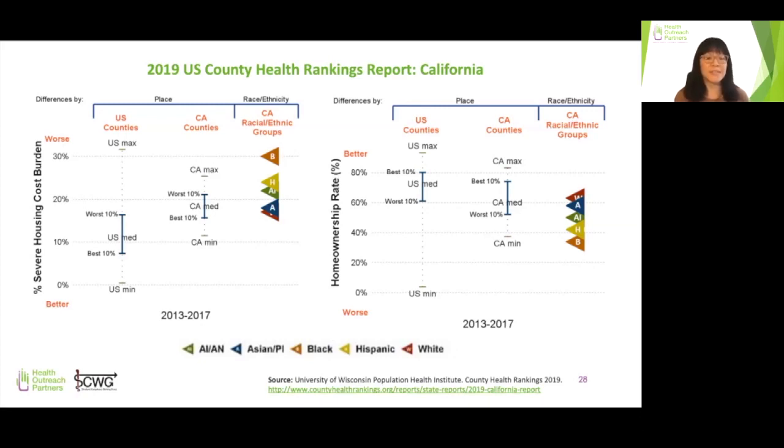They're looking at it by race and ethnicity: American Indian, Alaska Native, Asian Pacific Islander, Black, Hispanic, and white. When you look at the data, you can see that for this housing cost burden, Black families are over 30%, compared to white families, who I believe are about 17%.